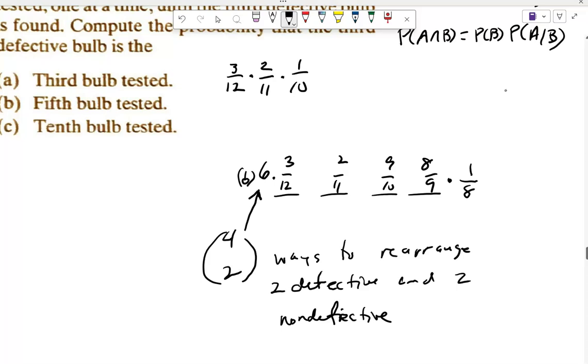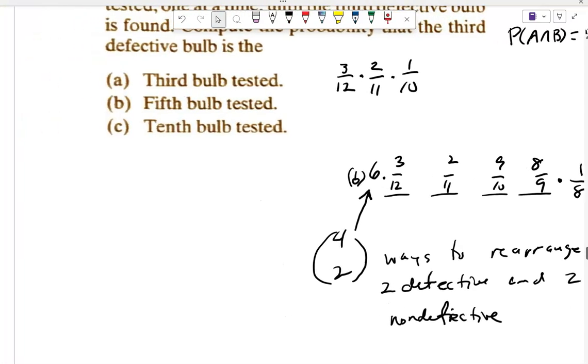Okay. All right. So let's see if we can adjust this to part C and do the 10th bulb tested. See if we can do the 10th bulb tested out of this.